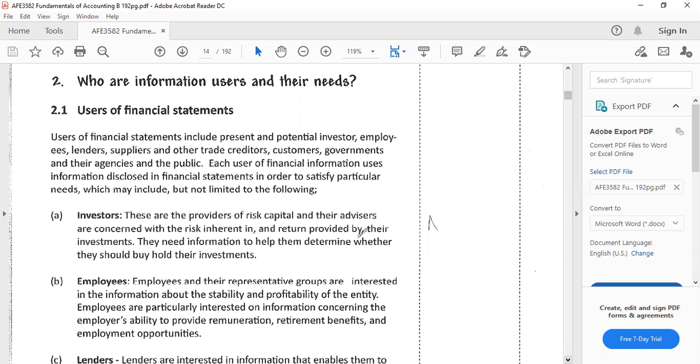The users include investors, people who would be interested to invest in your company. For example, you have a company and you are selling shares. Before investors buy shares from your company, they will be interested in seeing your financial statements.